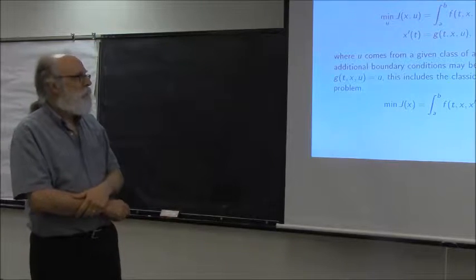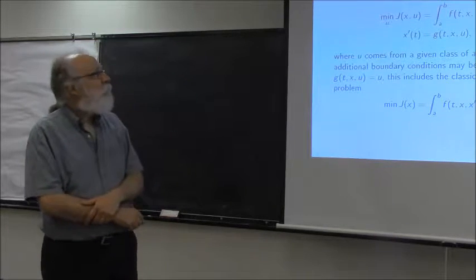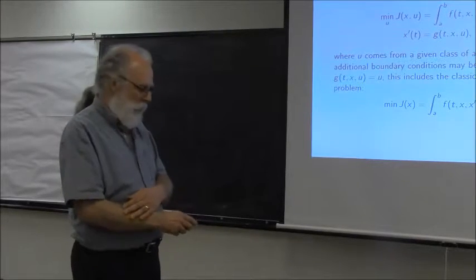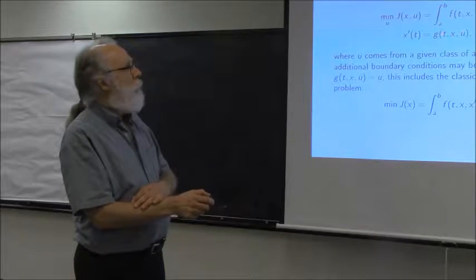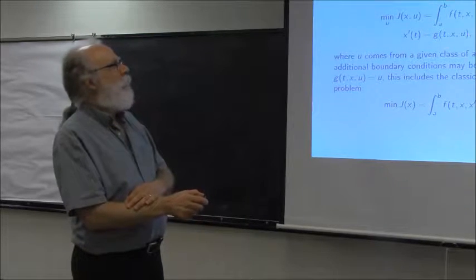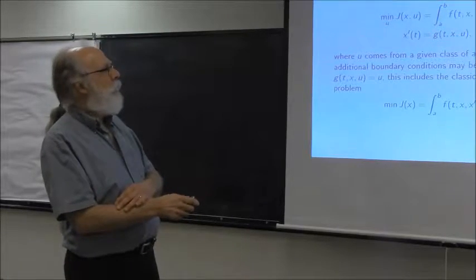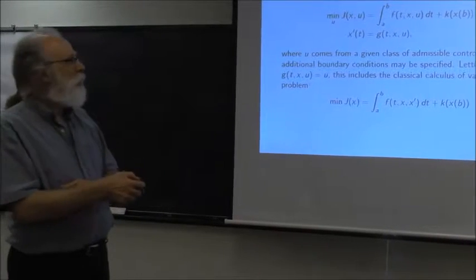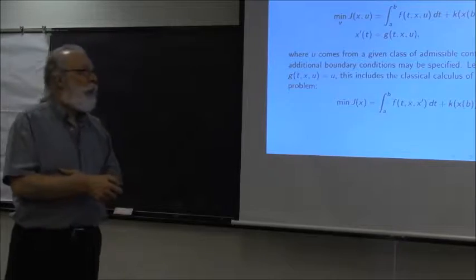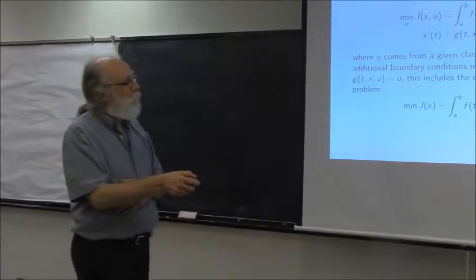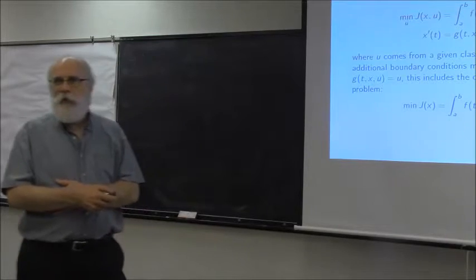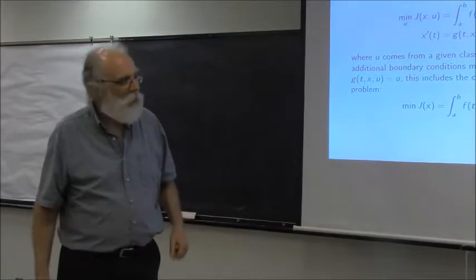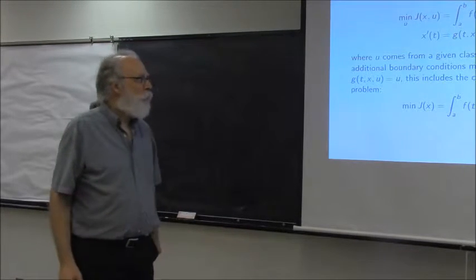X is a function of t, by using some function from some given class of admissible controls, and the way that we're going to use the control is through this function will determine the dynamics of x, which is the state that gets plugged into the control. The control itself may contribute to the cost as well, right? Using the control may include some cost. And so we're going to try to minimize the cost by making a good choice of admissible controls.